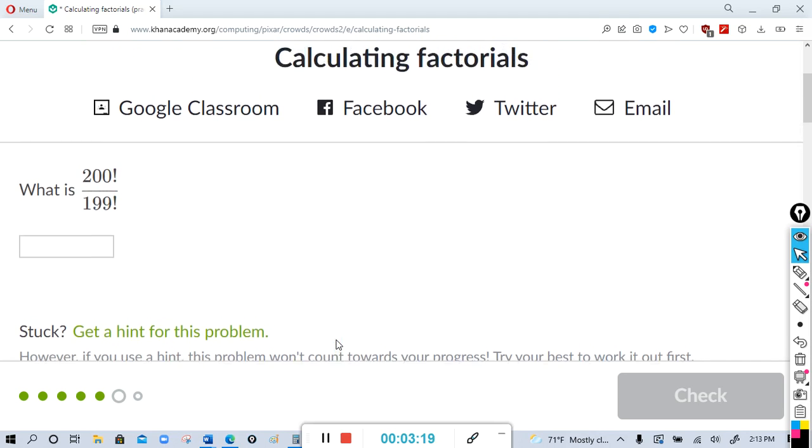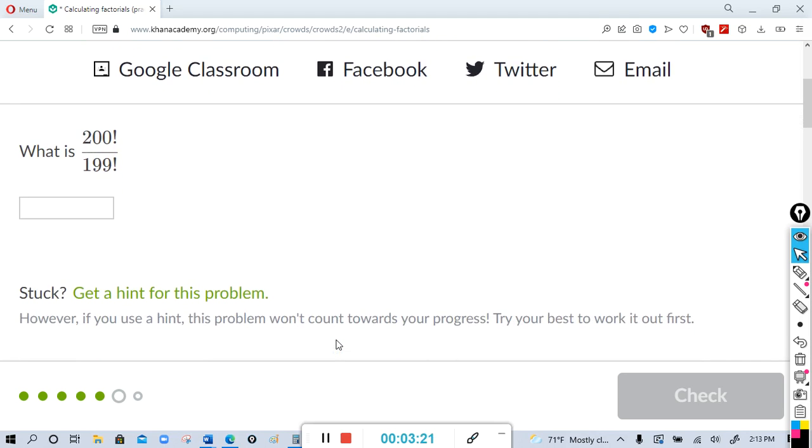Here we're dividing 200 factorial by 199 factorial. Now these numbers are too big to put in the calculator, but I will show you. 200 factorial is the same as 200 times 199 times 198, and it keeps going until you get to the number 1.